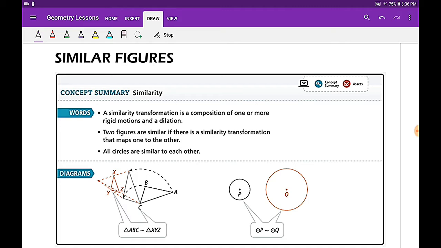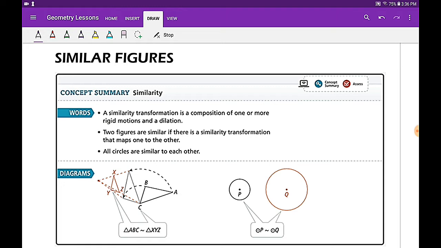So the basic concept about similar figures is that they have the same shape. All squares are squares, but not necessarily the same size. Other figures like equilateral triangles are all similar but not necessarily congruent.